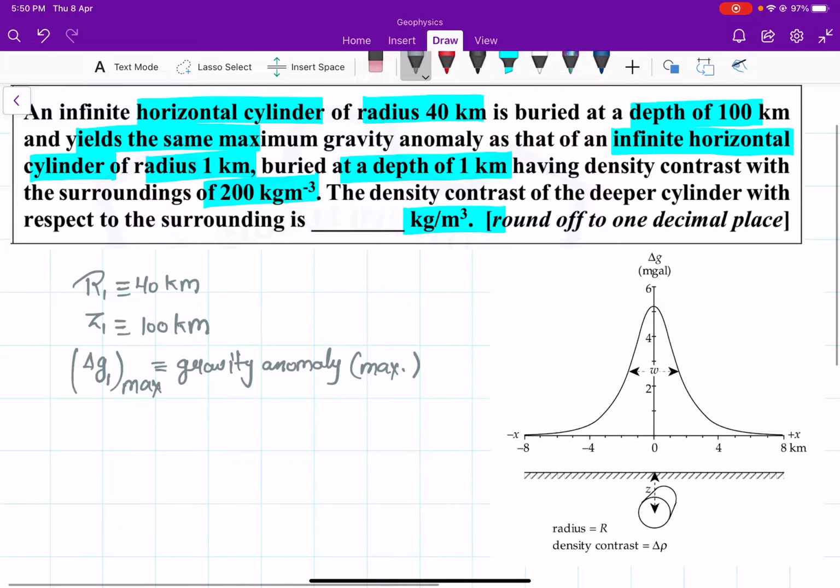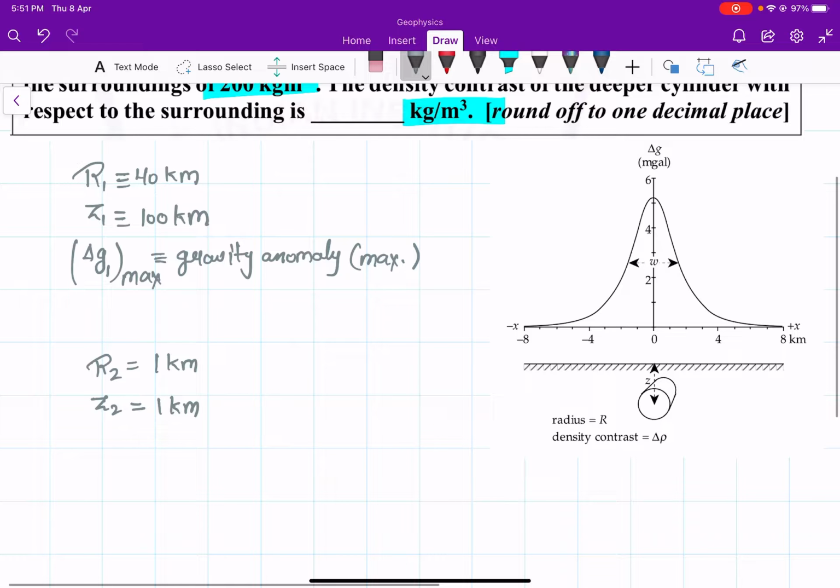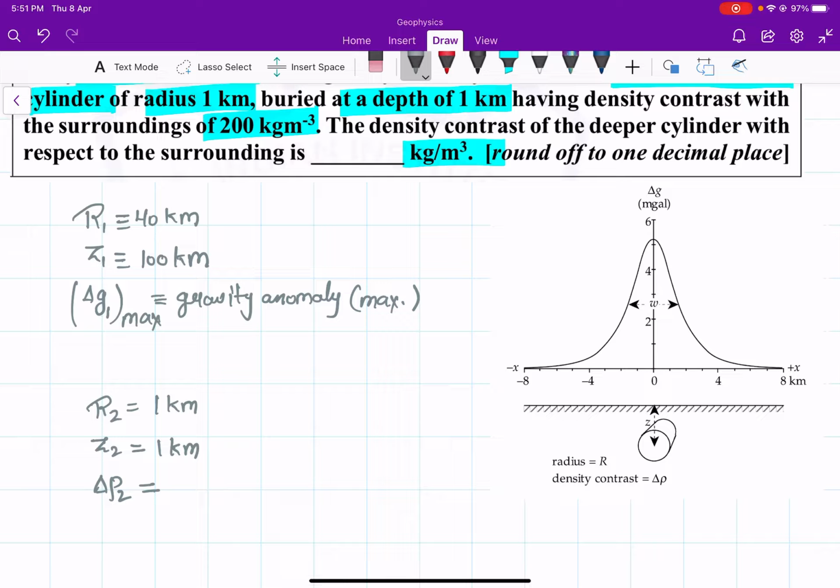Now the other cylinder has radius r2 equal to 1 kilometer, z2 equal to 1 kilometer, and del rho 2, the density contrast with its surrounding, is 200 kilogram per meter cube.